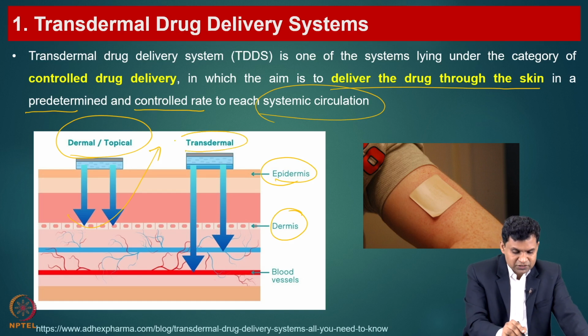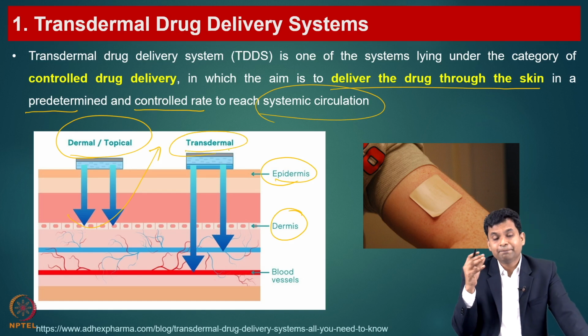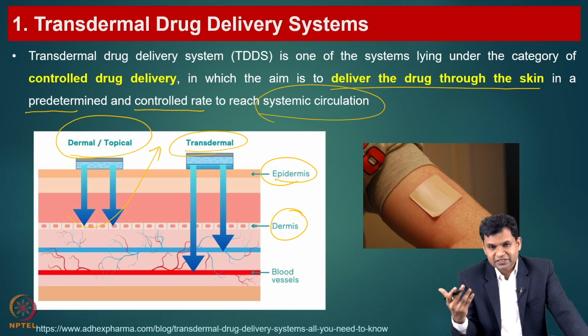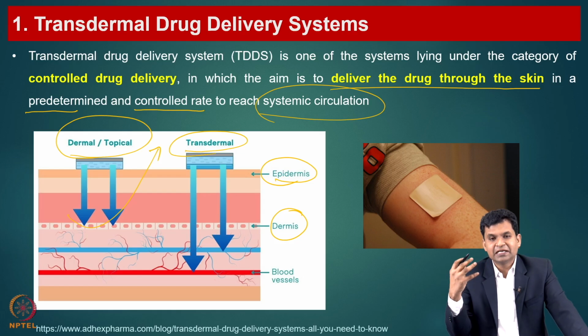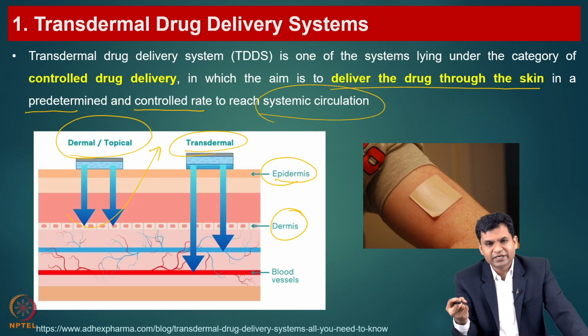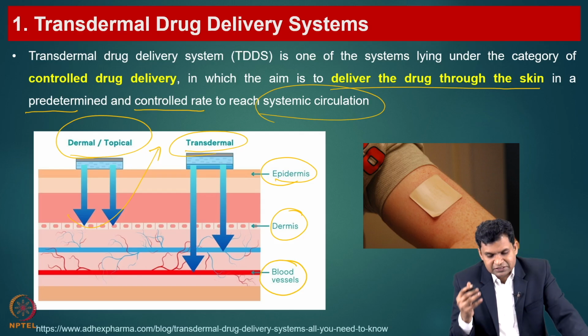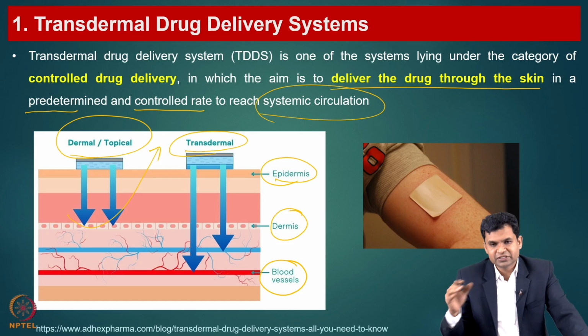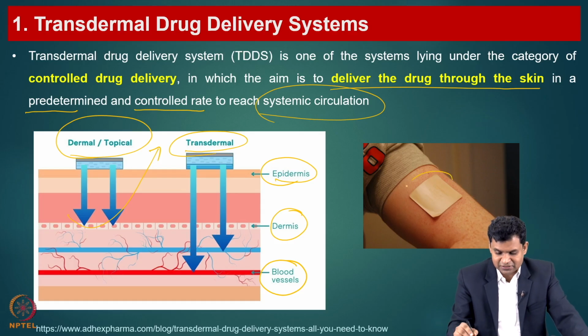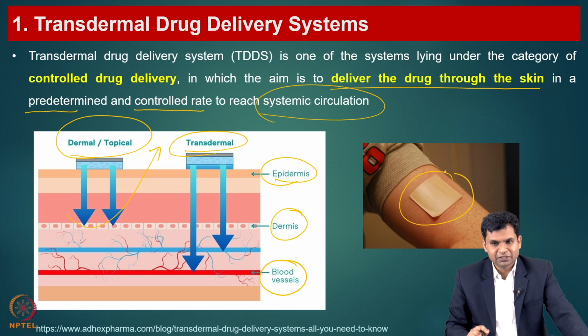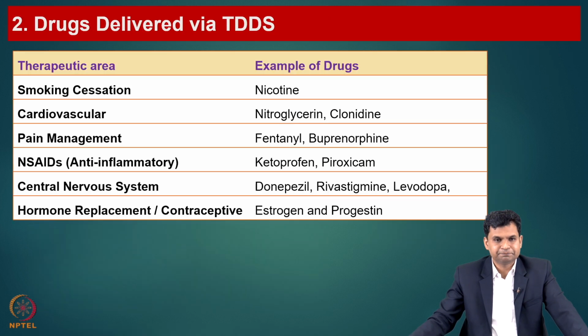Whereas with transdermal patches, by using various formulation strategies and various components which enhance skin permeation, we can achieve the concentration of the drug in the blood. Now you can see the transdermal patches, which can be applied on the skin.